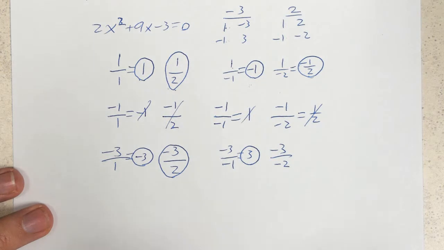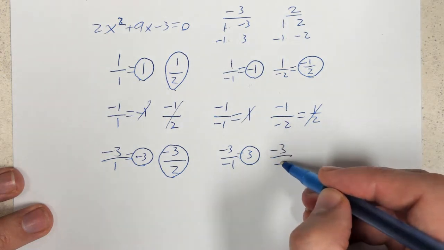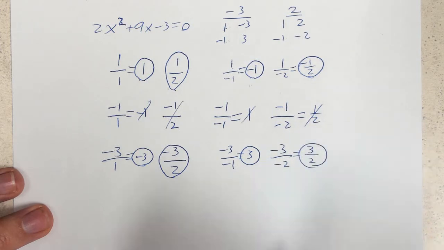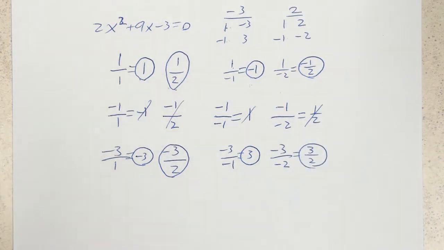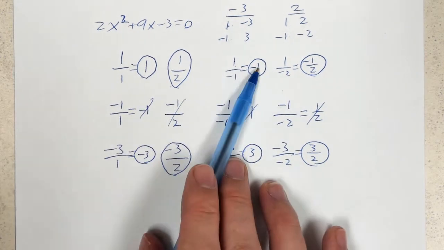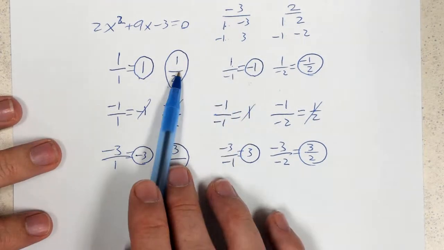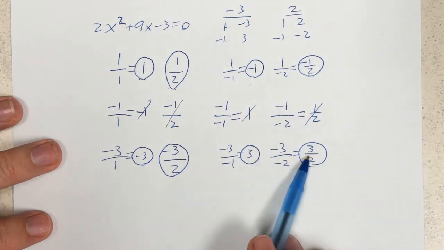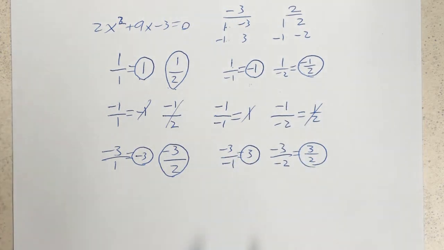Alright, there's another new solution. And -3 divided by -2 is just going to give us 3/2. Alright, so we end up having plus and minus 1, plus and minus 1/2, plus and minus 3, plus and minus 3/2.